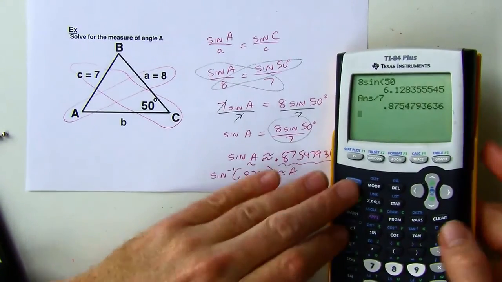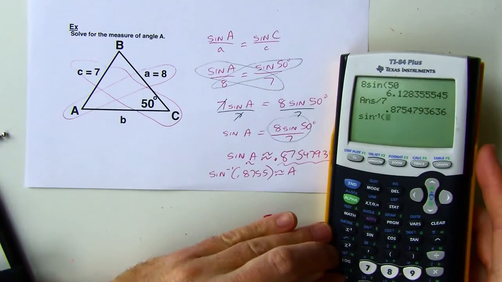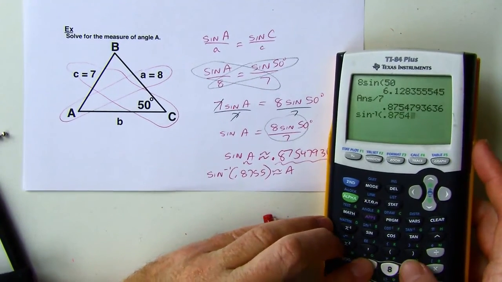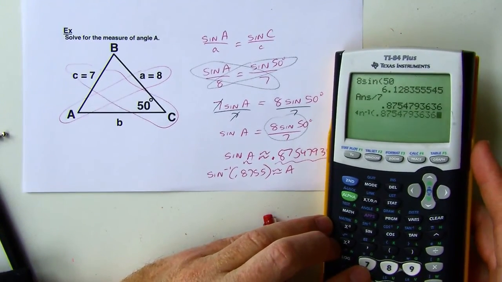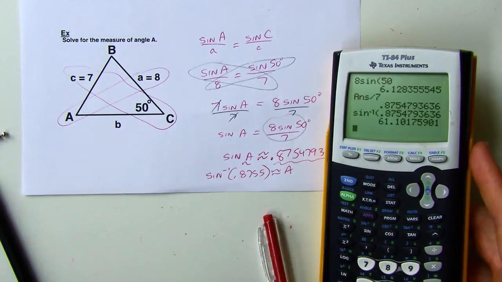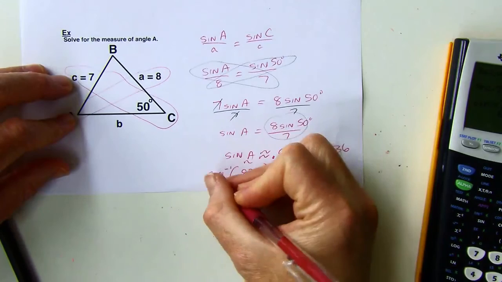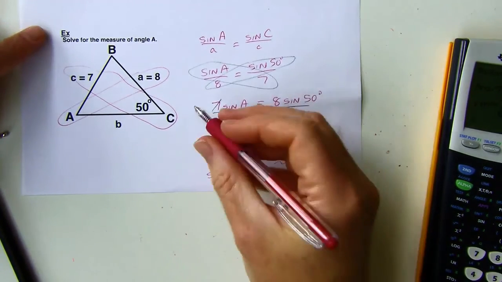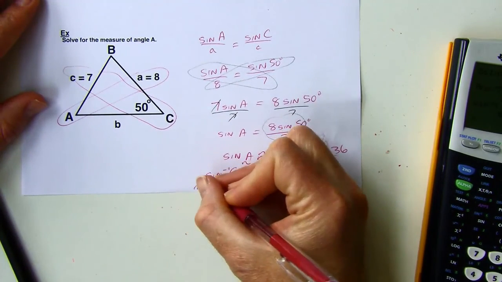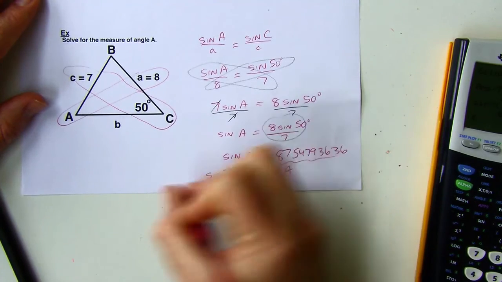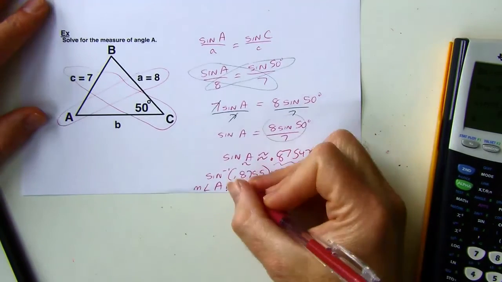I'm going to do the inverse sine of that long decimal. The more of it you use, the better. And then that's going to be about 61.01, okay? So then A, and this is the measure of angle A, really, that we're finding, is about 61.01 degrees.